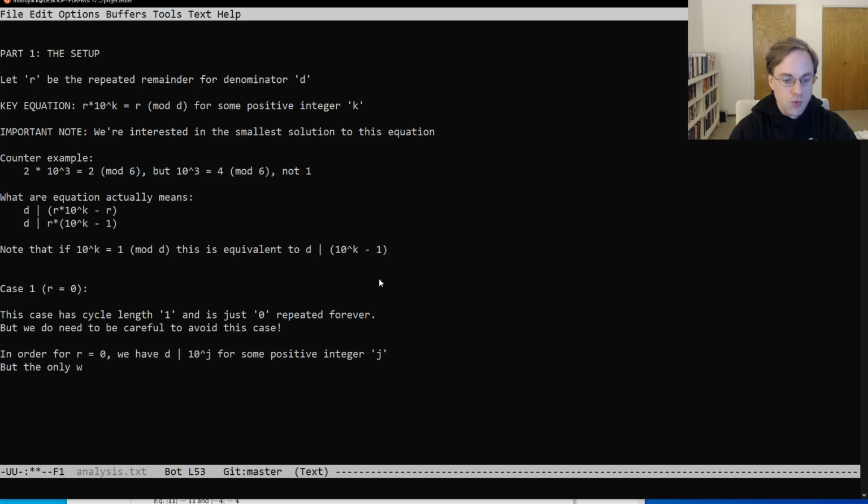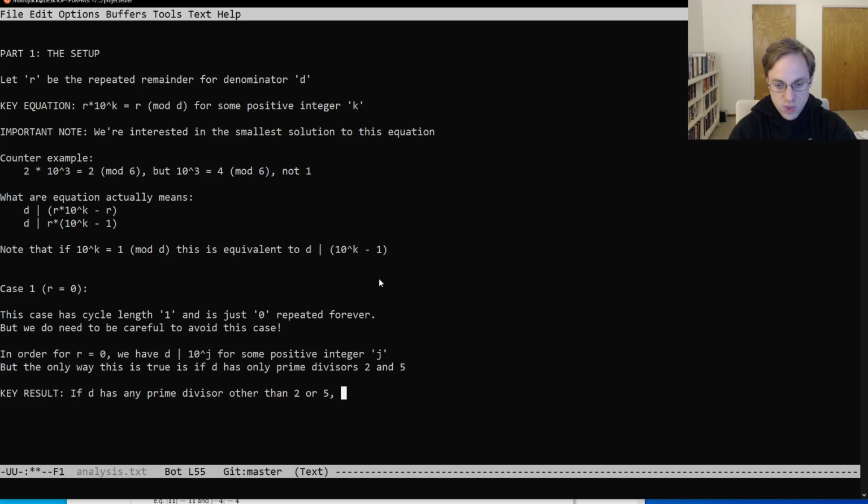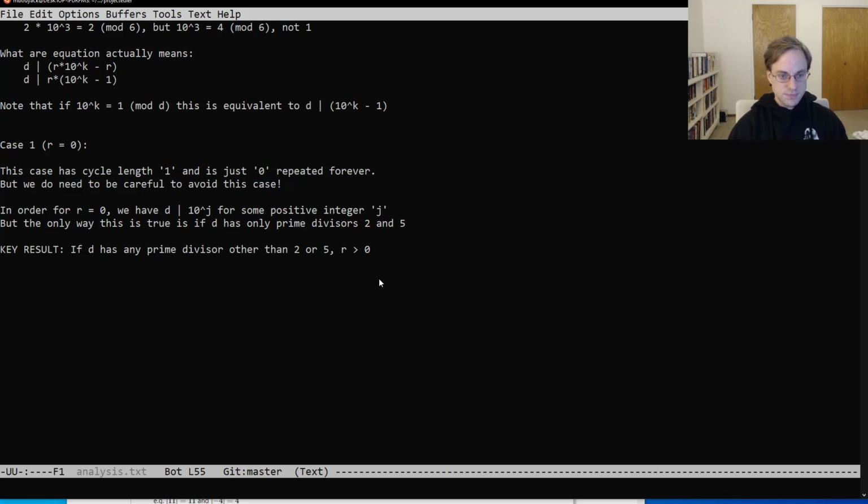But the only way this is true is if d has only prime divisors 2 and 5. Or stated another way, if d has any prime divisor other than 2 or 5, r is greater than 0. Great.